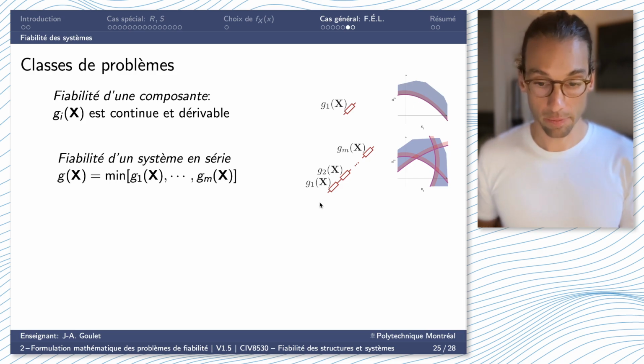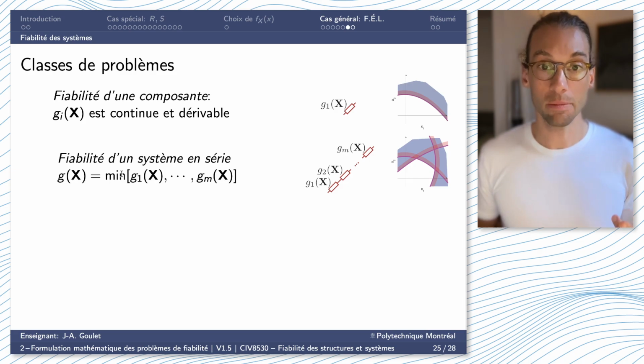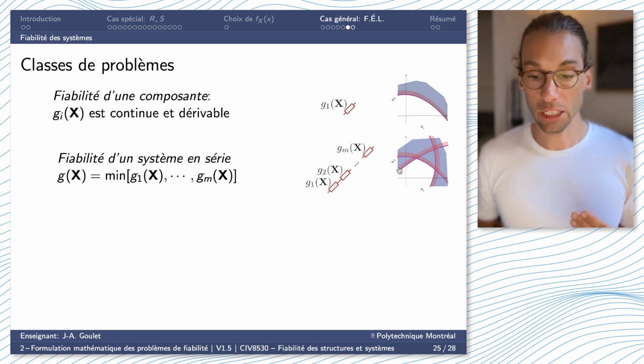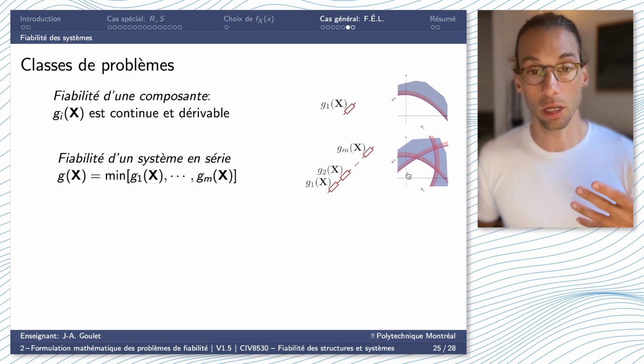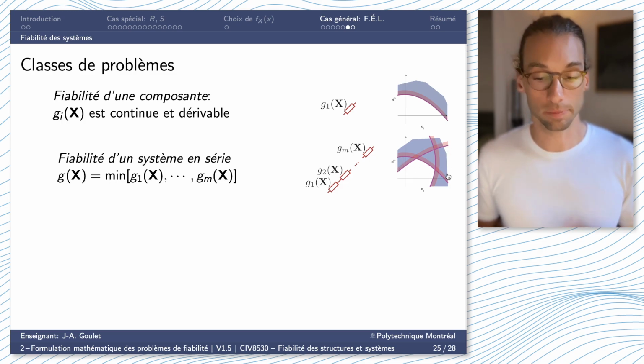So in that case, we can represent the limit state function as the minimum of all the individual limit state functions. So basically, the failure domain represents the union of the failure domains for any of my limit state functions.